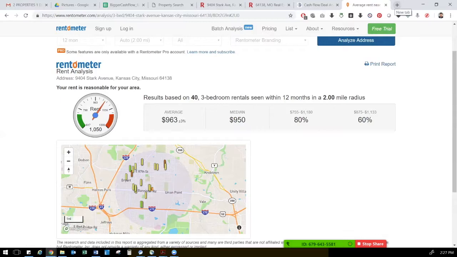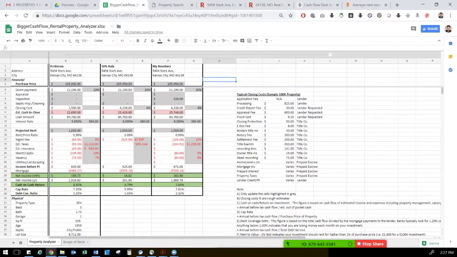You can also check out other websites such as Craigslist. You can go to Zillow or HotPads. That's another one. All of these websites are going to do the same thing. They're going to provide you with some rough rental rates in this area. But my most favorite way to verify this is just to talk to your property manager.